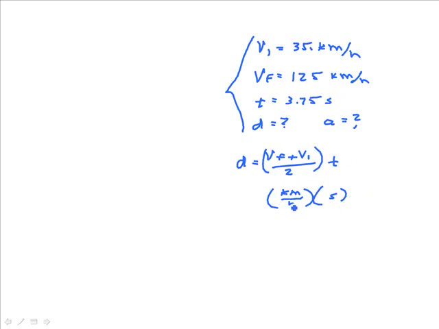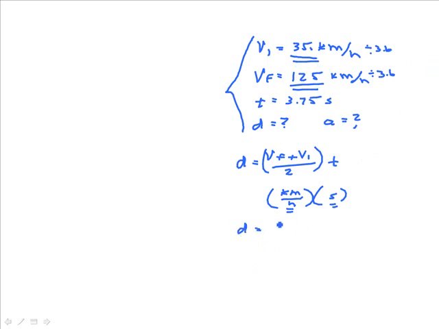These units don't actually cancel properly, so what we should do is convert these kilometers per hour units into meters per second. The way to do that is to divide by 3.6, divide by 3.6. And so you get a new initial velocity and final velocity.